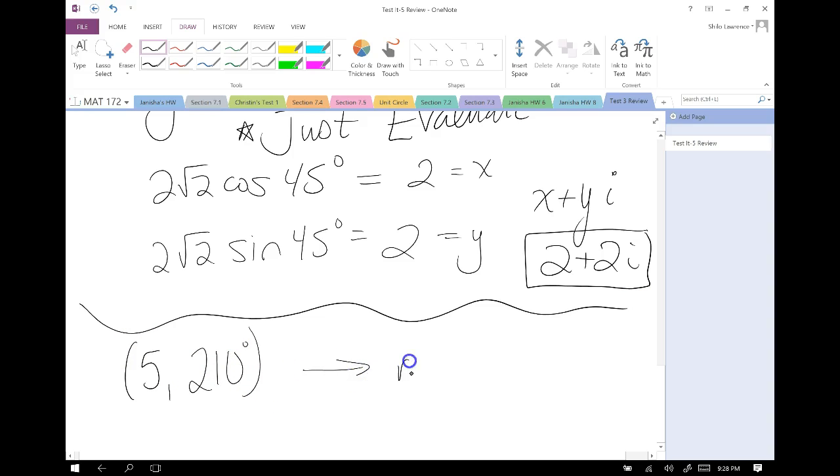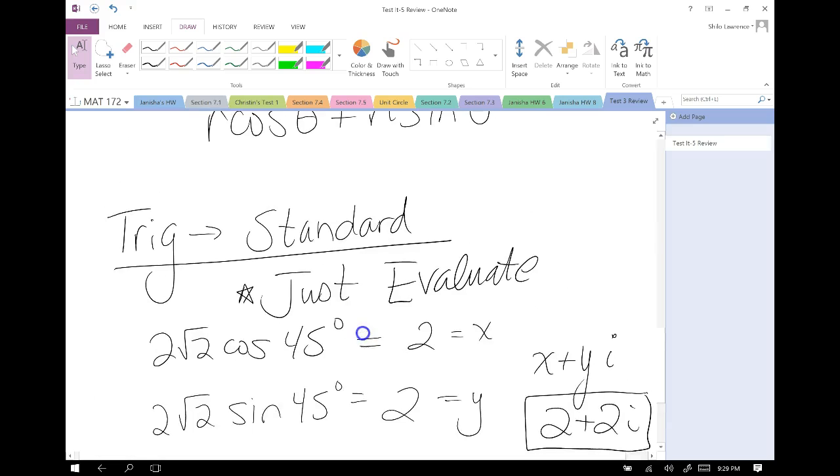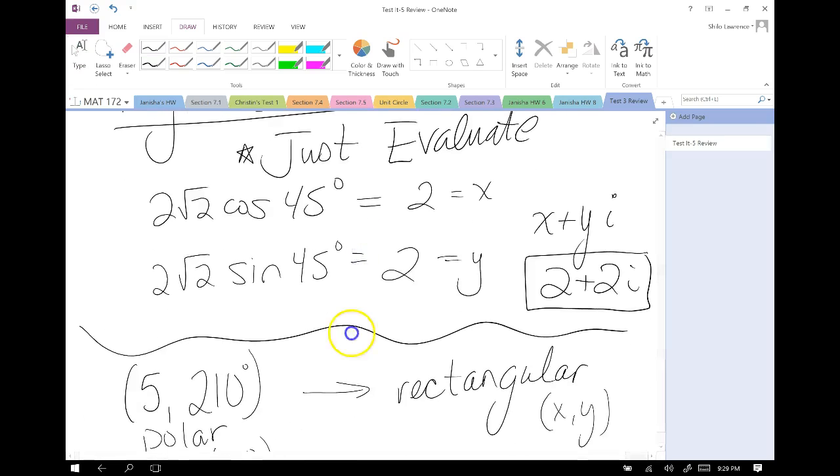We want to change it to rectangular. Rectangular is an x and a y. So what they gave us is polar, which is the r and the theta. And the r and theta here is the exact same r and theta that we're talking about up here with the complex numbers.